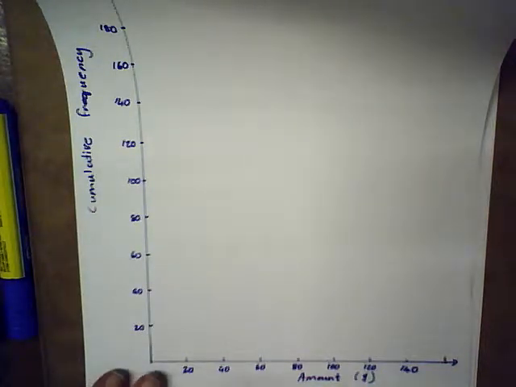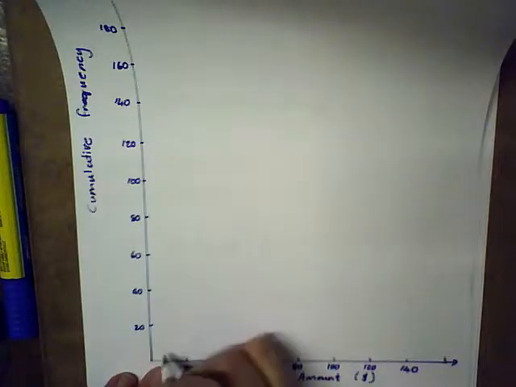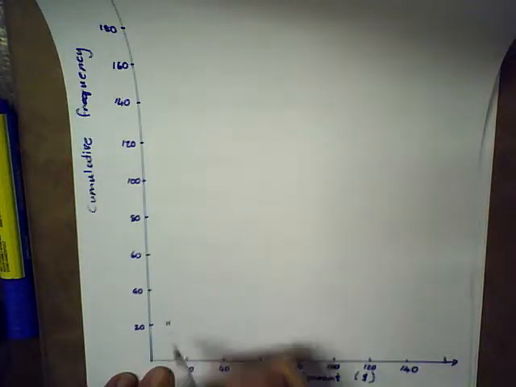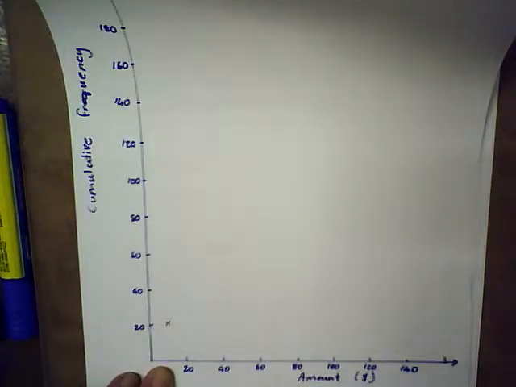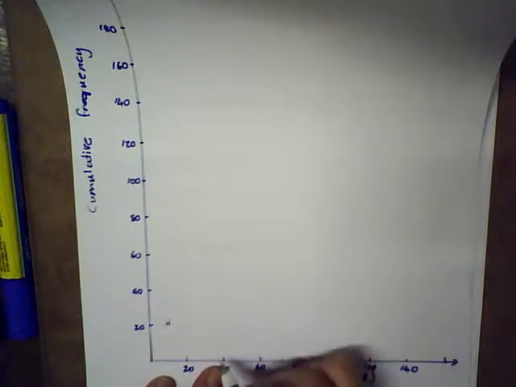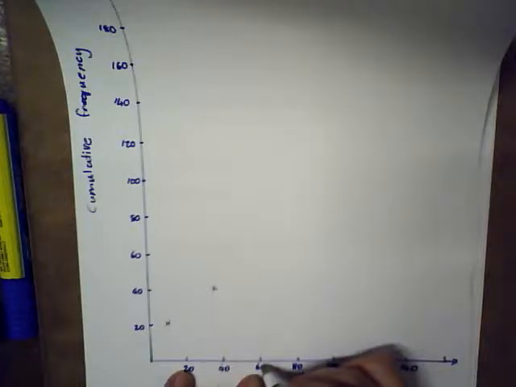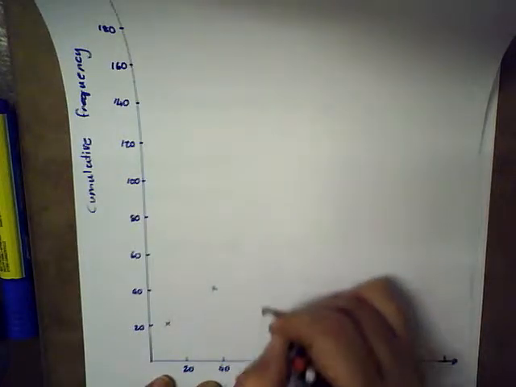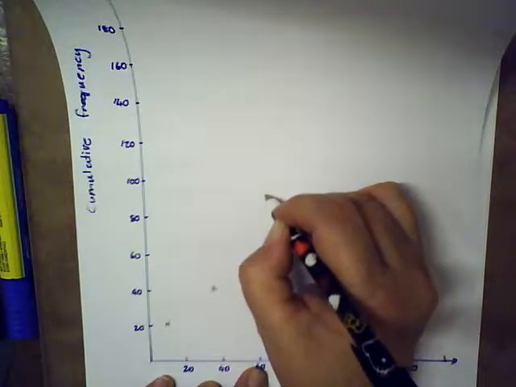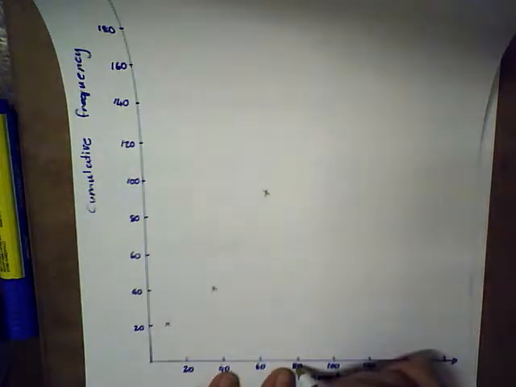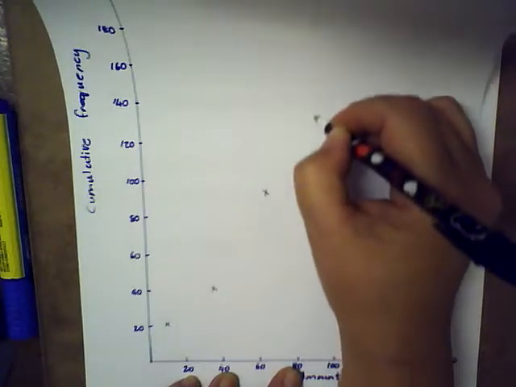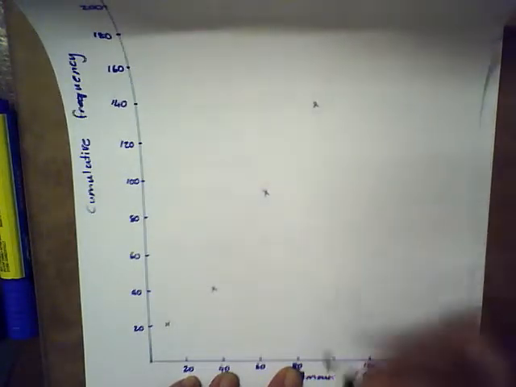So my first one at 10, I have 20. At 40, I have 42. At 60, I have 90. At 80, I have 144. Okay.